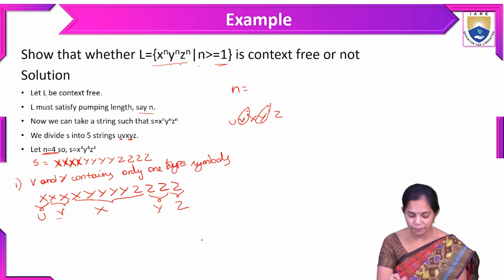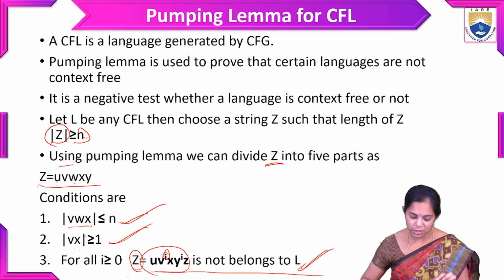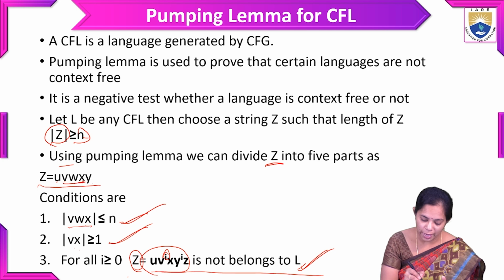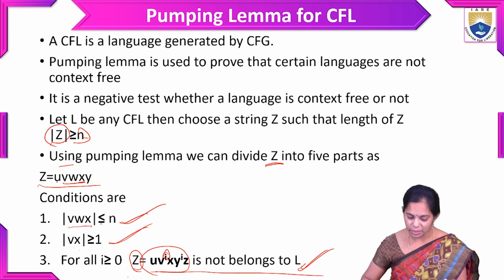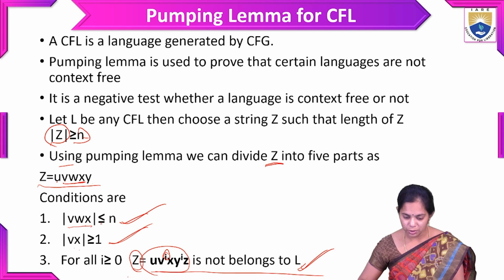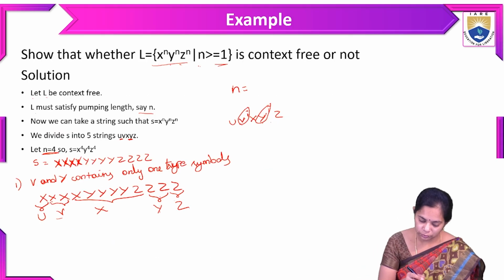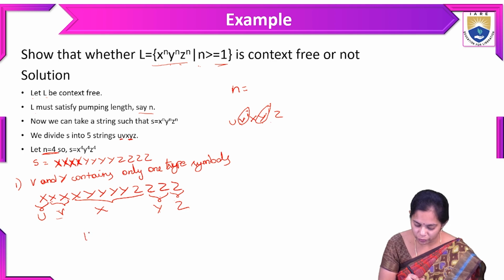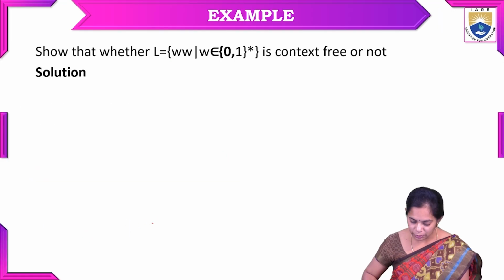So what is the first condition? The modulus of vwx, here the modulus of vxy is less than or equal to n. Here vxy is 1, 2, 3, 4, 5, 6, 7, 8, 9, 10.